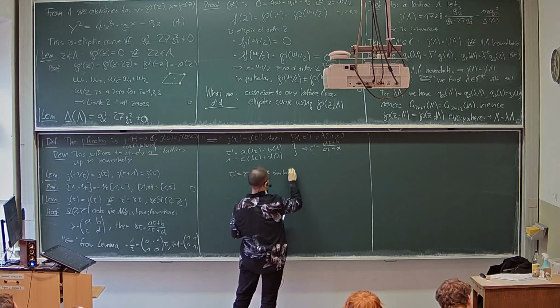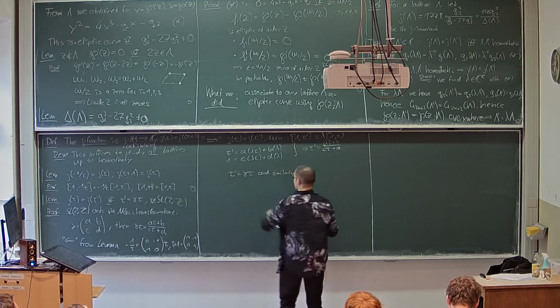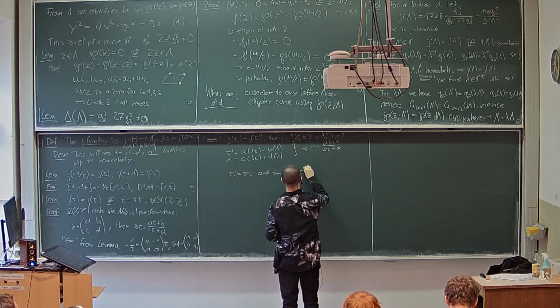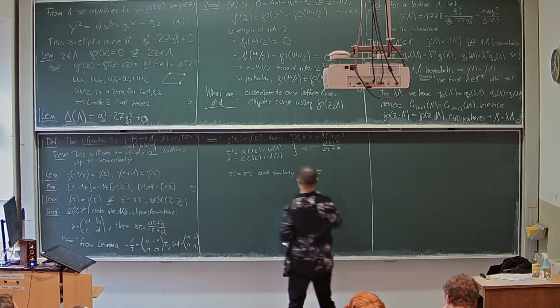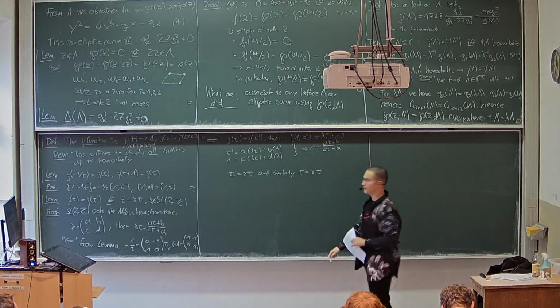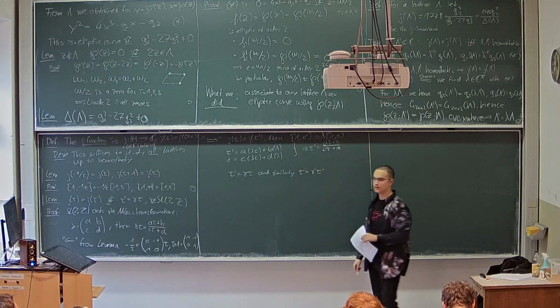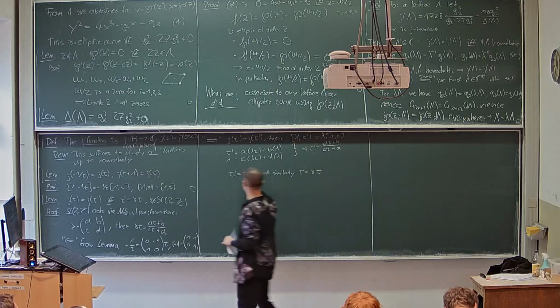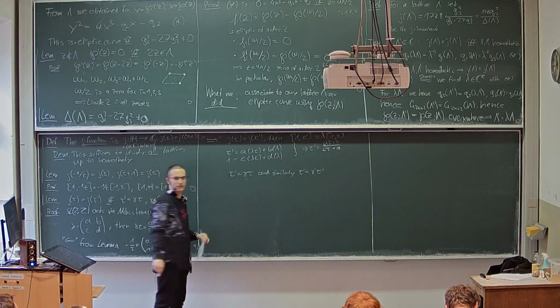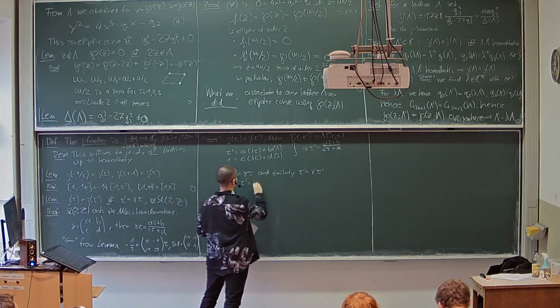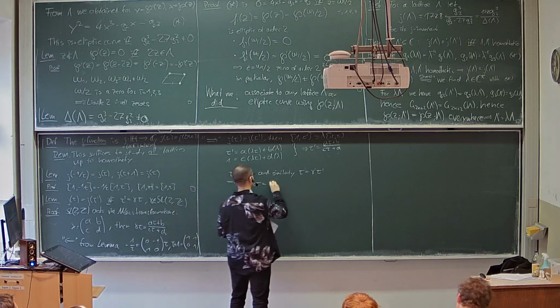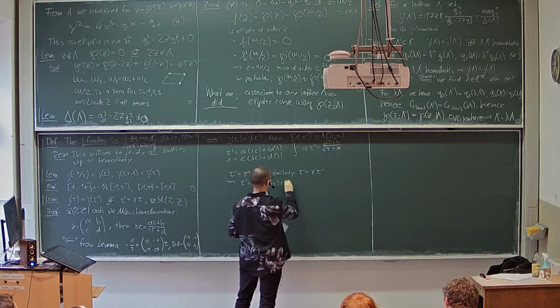And similarly we get that tau is gamma prime times tau prime. Okay, we have these two expressions, and plugging them into one another, we can conclude that gamma is in fact invertible. So tau prime is gamma tau is gamma gamma prime tau prime.